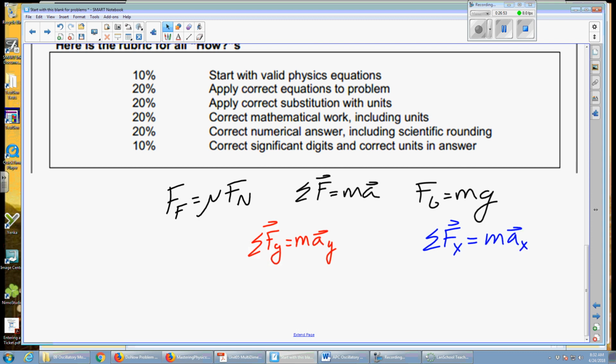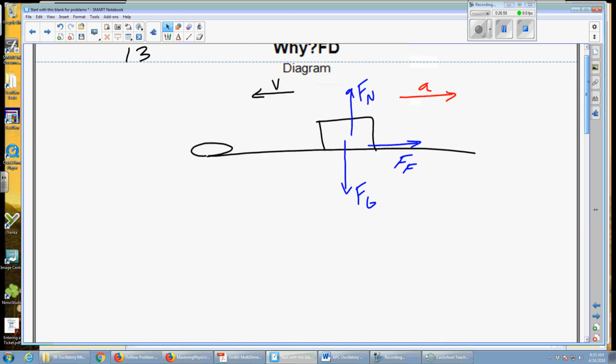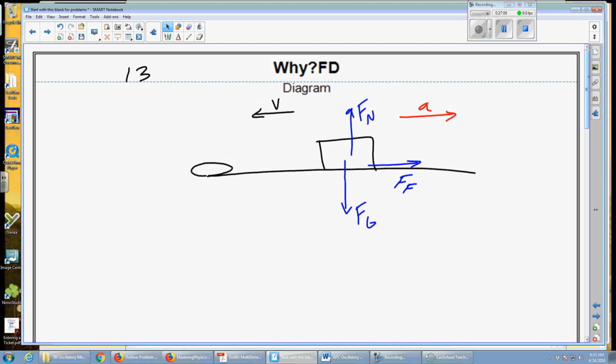So I'm going to break it into components right away, because looking at my diagram, I've got a couple forces in the y and a couple forces in the x direction. Which way do you guys want to call positive? Which way in the y direction? Up? Okay. And which way in the x direction? To the right? All right.